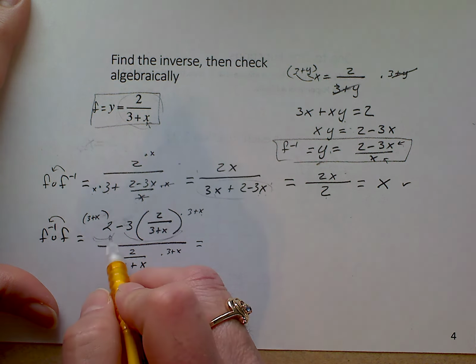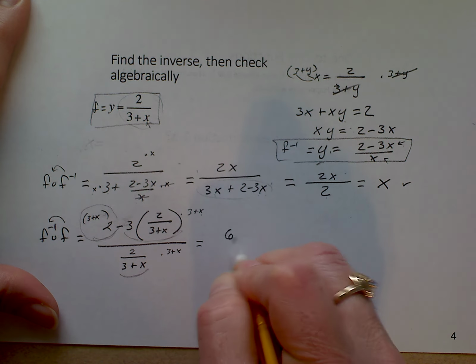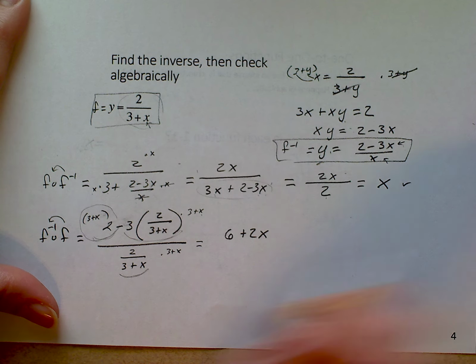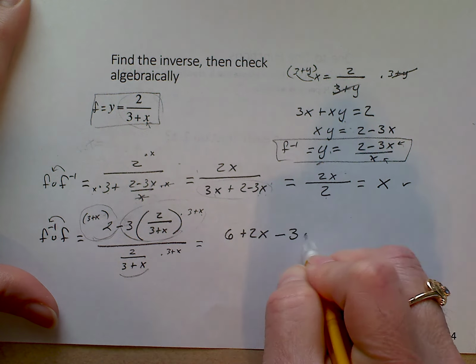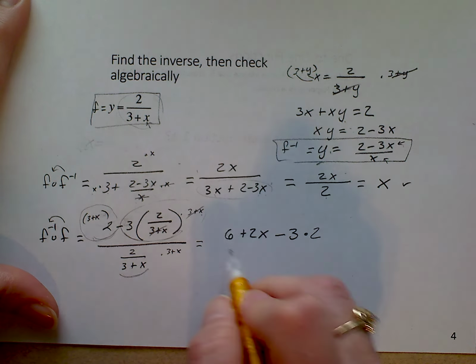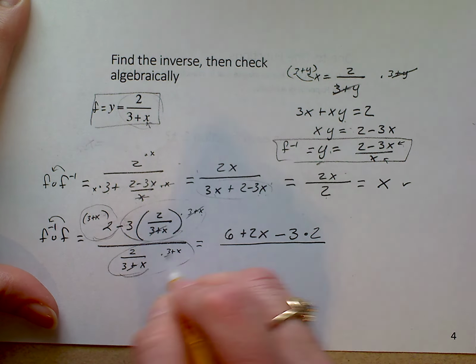Okay, so this becomes 6 plus 2x, because I distributed my 2. This becomes 3 times, gone, 2. This becomes, gone, 2.